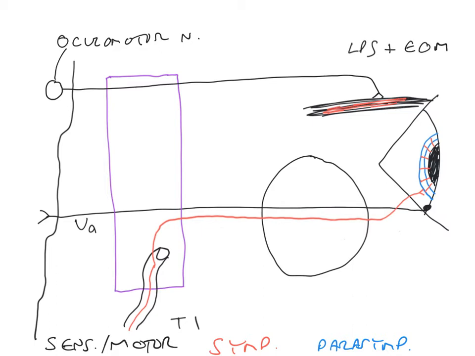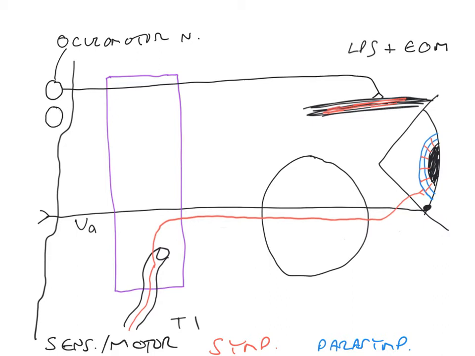So the motor component of the oculomotor nerve arises from the oculomotor nucleus, travels through the cavernous sinus, enters the orbit, and supplies LPS and some other of the extraocular muscles. In addition, we have a second component to the oculomotor nerve, which is also found within the midbrain.